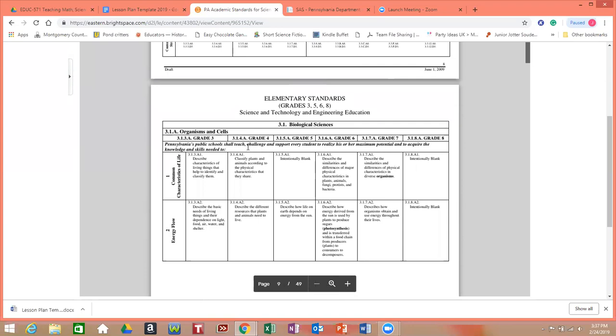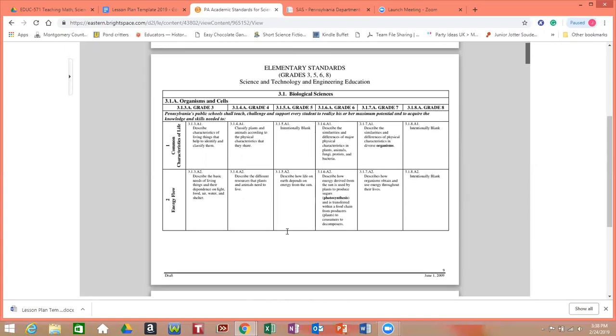Right, so here we are in the biological sciences, 3.1, but then if we look at the next code down, it shows you the grade levels. 3.1.4 would be grade 4, 3.1.5 grade 5, and so on. The letters that follow are the subcategories that go with that particular standard, and you can also see those over on the left-hand side here. Okay, so that's how you would read them.